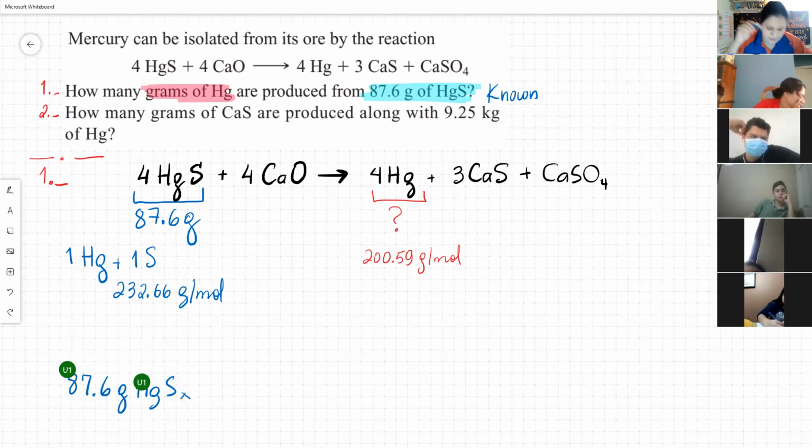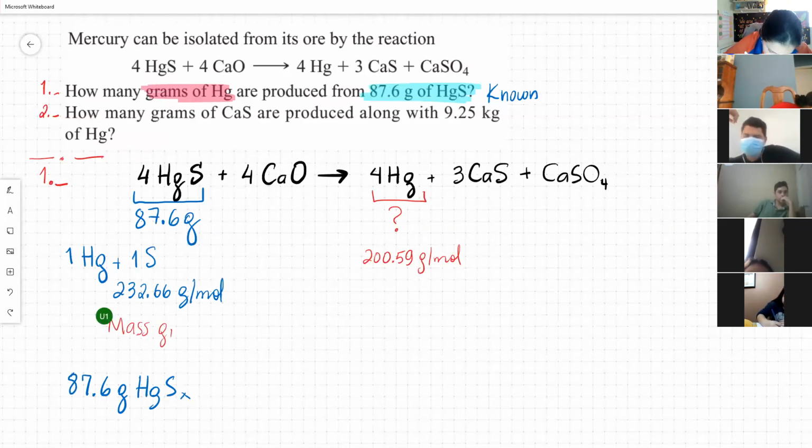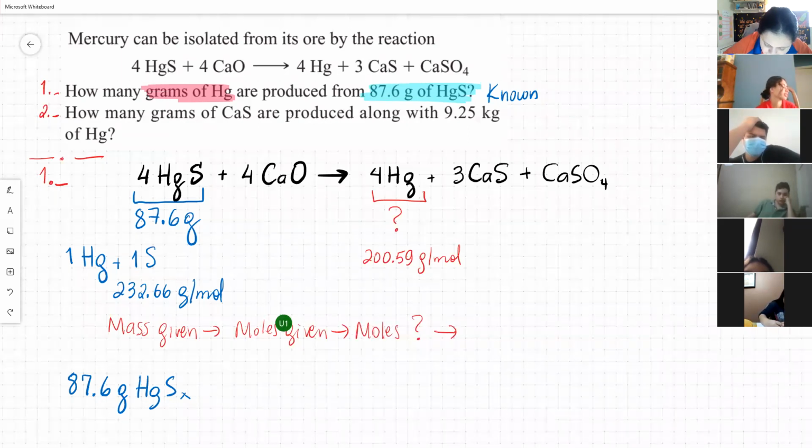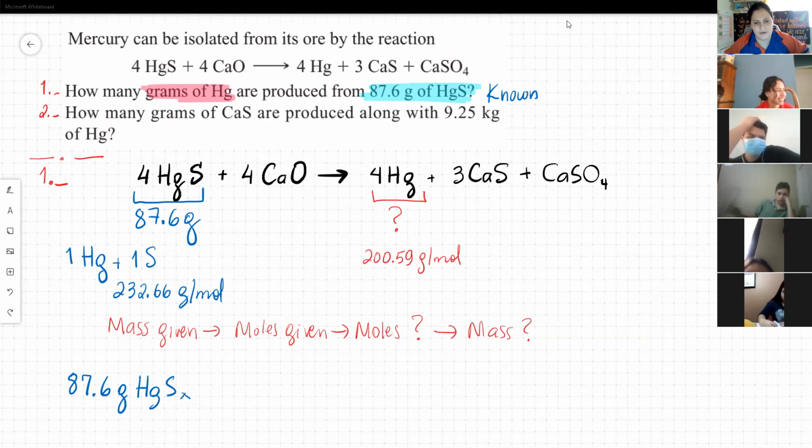Remember, we always need to follow the path: from mass given to moles given, from moles given to moles unknown, and from moles unknown to mass unknown. That's how I do it.